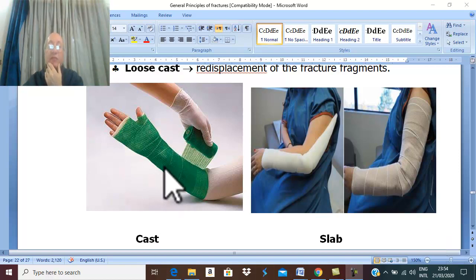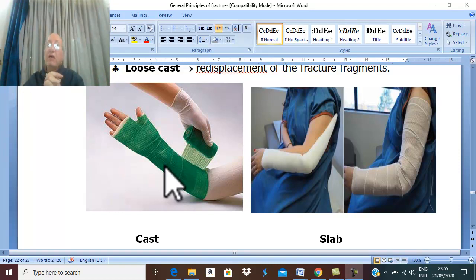The indication of plaster of Paris: it is always tried first, and it is the first choice after closed reduction. Therefore, in orthopedics there is always an association between closed reduction and external fixation.